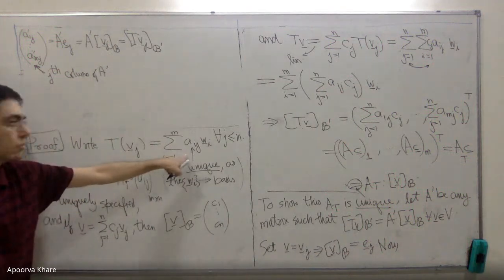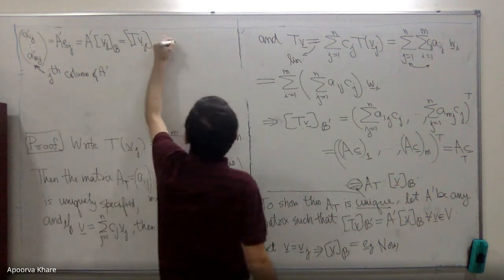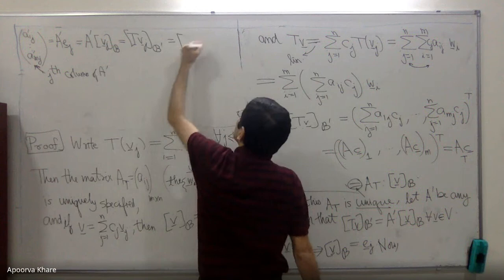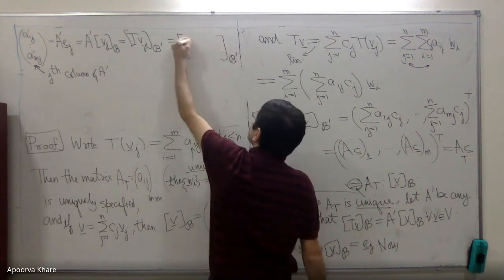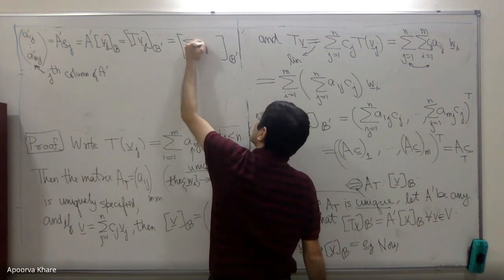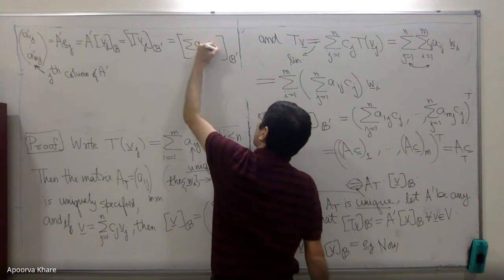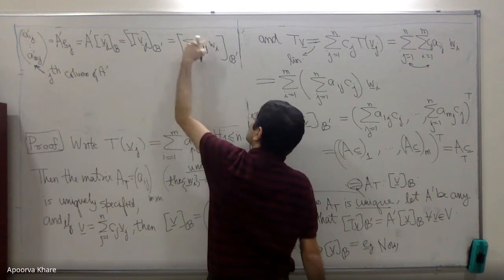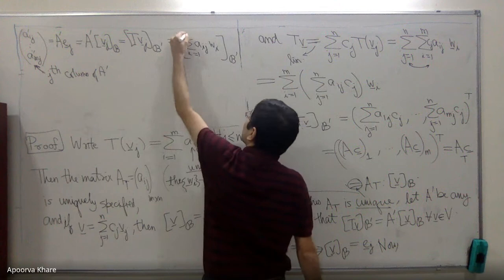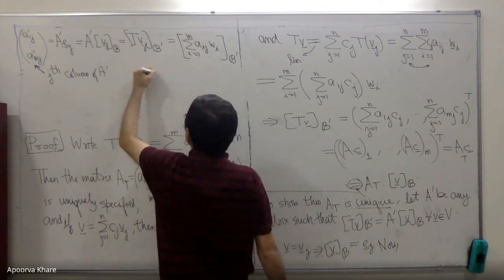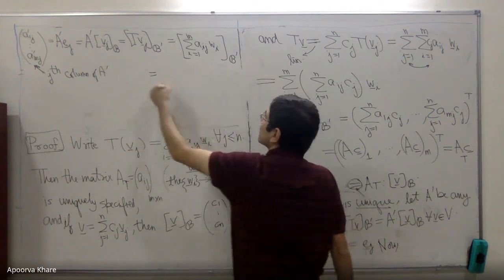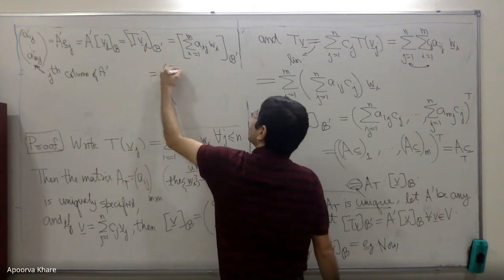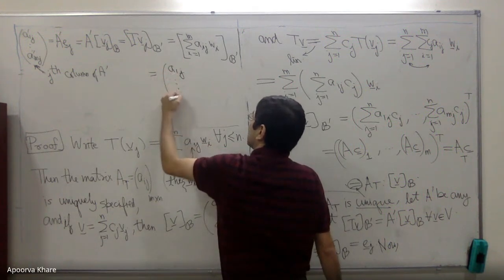TVj in V prime we wrote down was exactly this. It is the coordinate of B prime of the summation of Aij Wi. The j is fixed, but the i runs over 1 through m. So what are the coordinates of these? Well, in this basis, you get A1j, down to Amj.